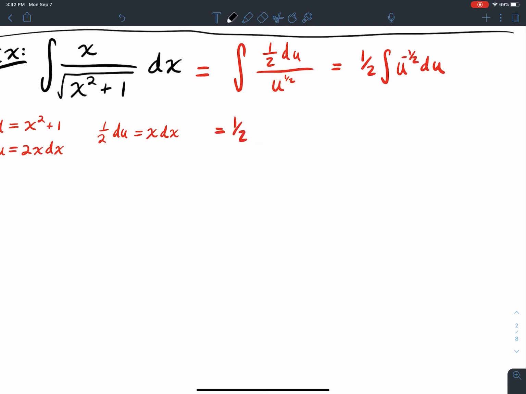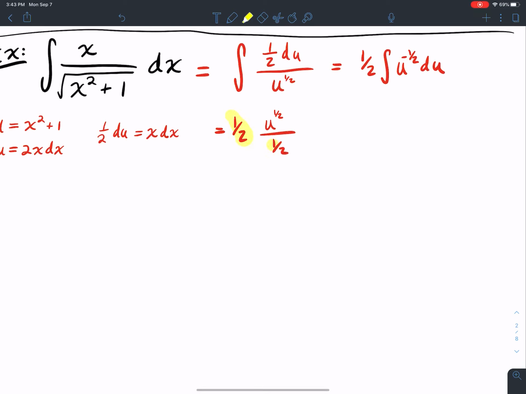So when I use my power rule for integration, first off, I've got my constant. I pull the 1/2 out front, right? But to integrate u to the negative 1/2, I add 1 to negative a half, and I get 1/2, and then I divide by that 1/2.